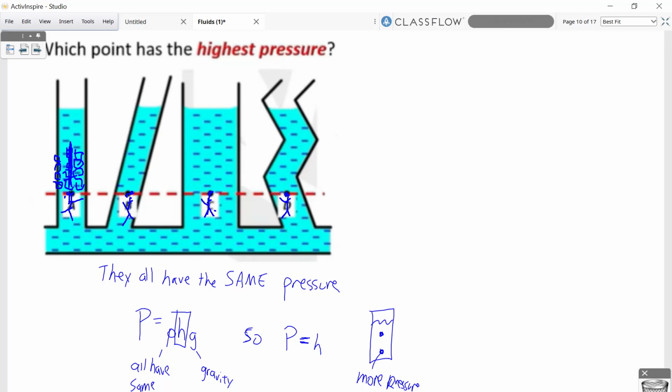So these other boxes don't really matter. It's just these, okay? So pressure is just dependent on the point. So in other words, if we look at this picture down here, there's going to be more pressure here at the bottom as opposed to up here, okay? If it was moved over to the side, still doesn't matter. This one's going to have more pressure, okay?